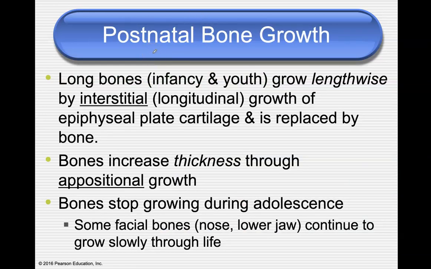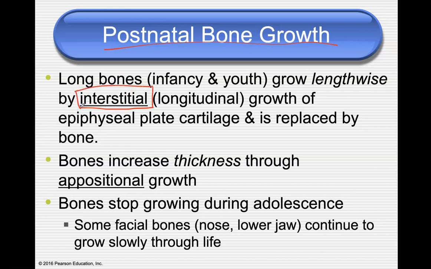So now we're going to talk about, again, we talked about endochondral ossification up through birth, and then we talked a little bit about what's going to happen through adolescence. So now we're going to get into the nitty-gritties of how that happens. So postnatal bone growth is what we're going to talk about, and we're primarily going to talk about the interstitial growth, the lengthwise growth.